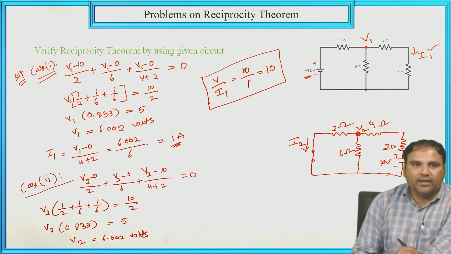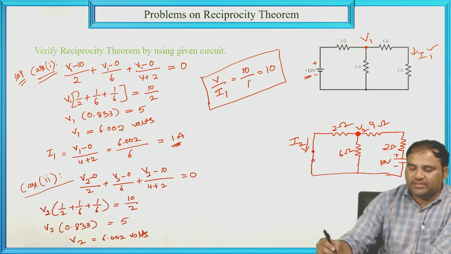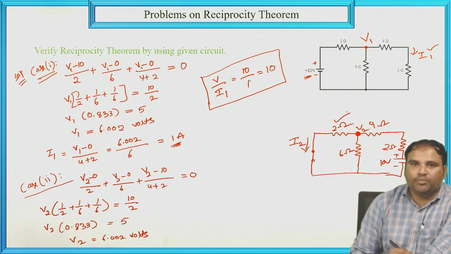Now we need to calculate the current value, meaning the current through the 2 ohm resistor.